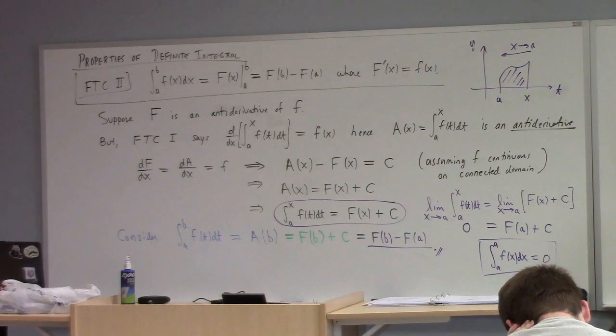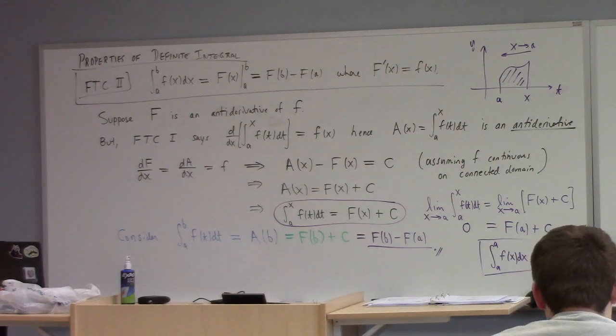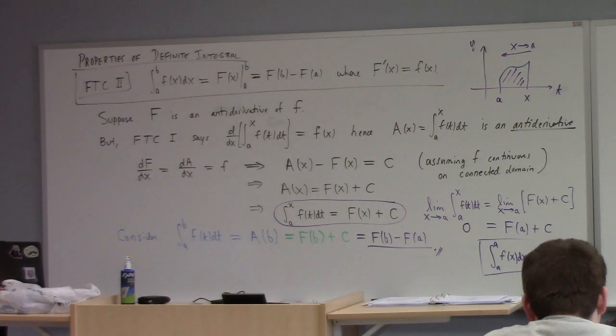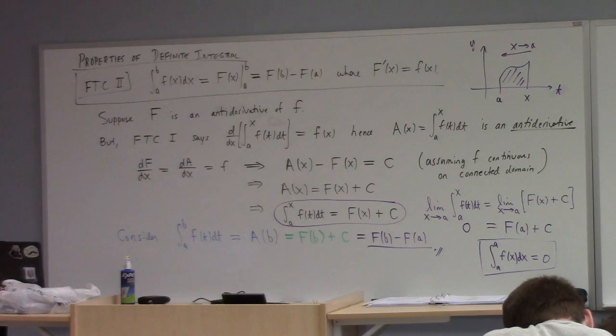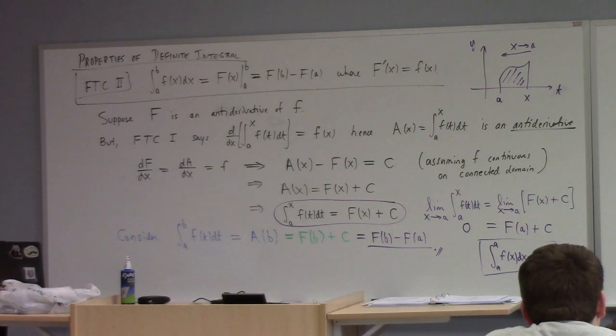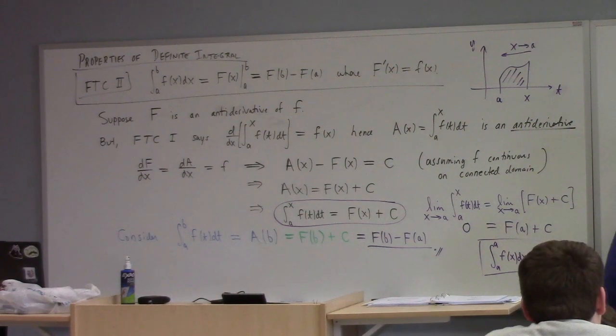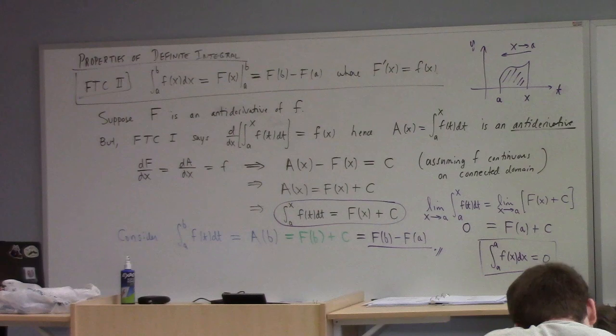This is FTC II. I'll write it because I should understand it. Minus cosine of pi minus negative cosine of 0.